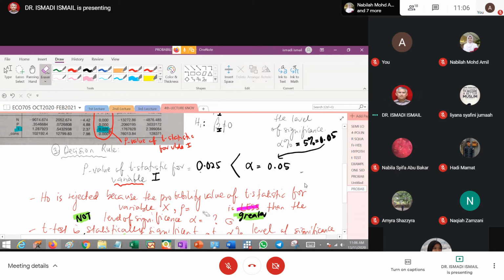Okay, because the probability value of the t statistic for variable I, what is the value? 0.025, is less than the level of significance 0.05.